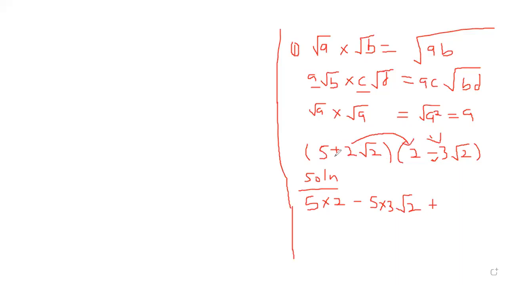Okay, that's 2 root 2 times 2, which will be 2 times 2 root 2. And then finally 2 root 2 times minus 3 root 2 will give me minus 2 root 2 times 3 root 2.